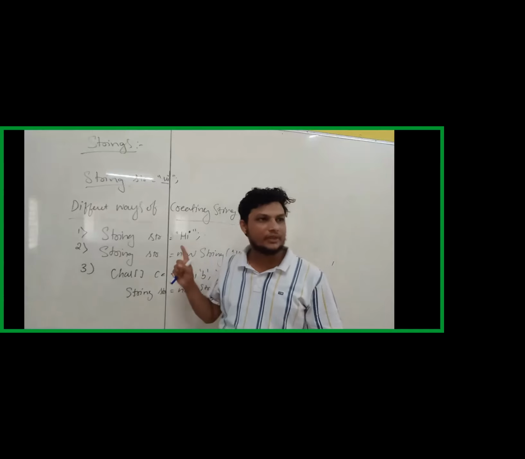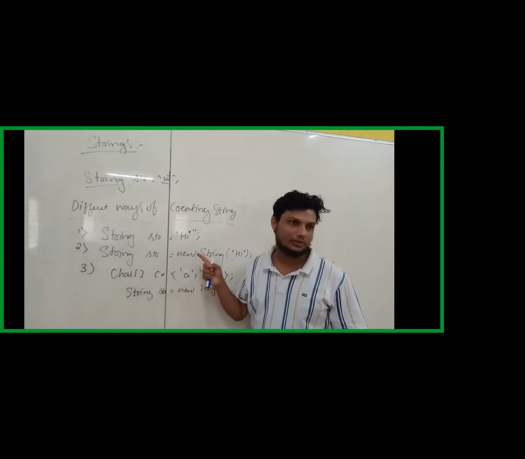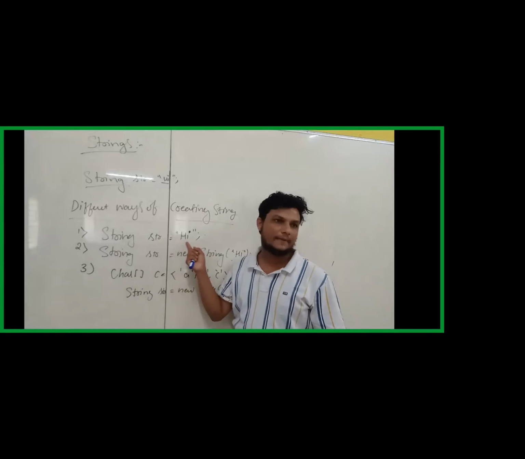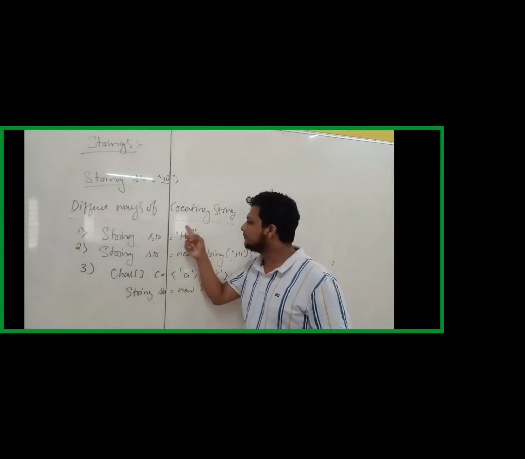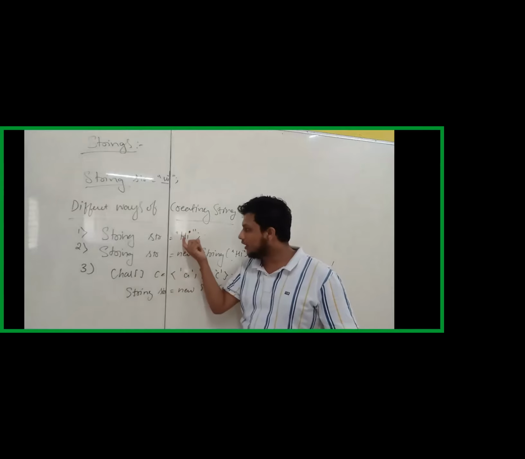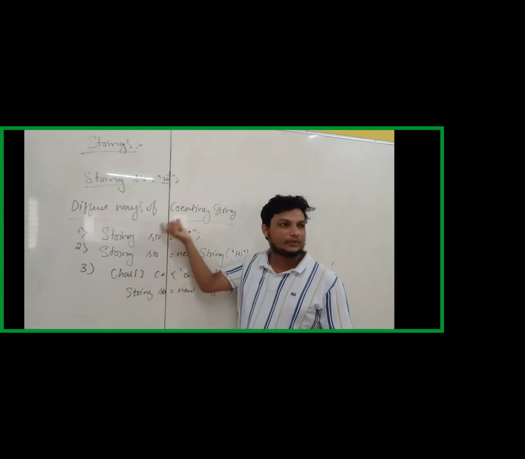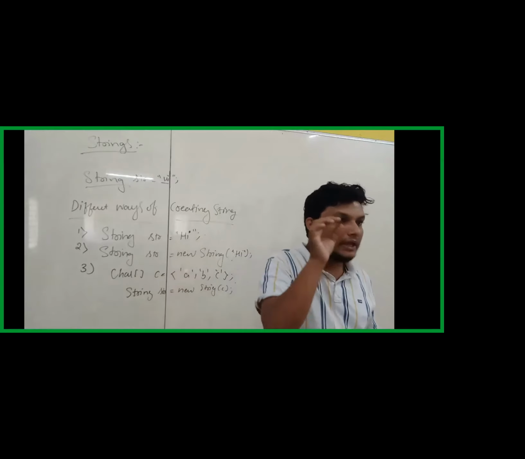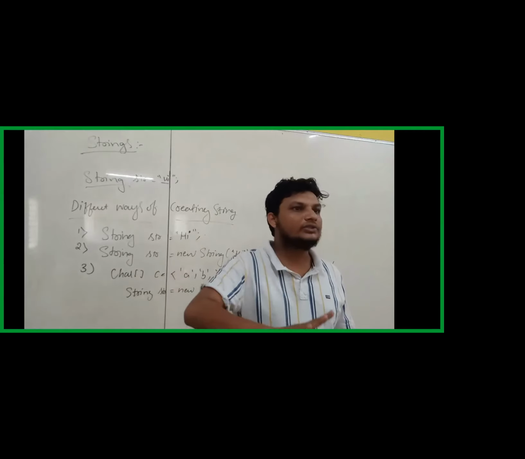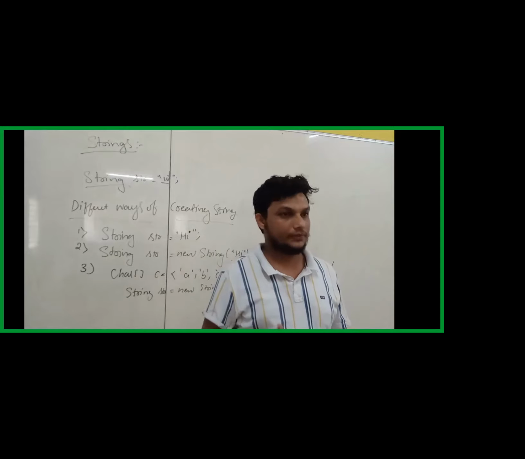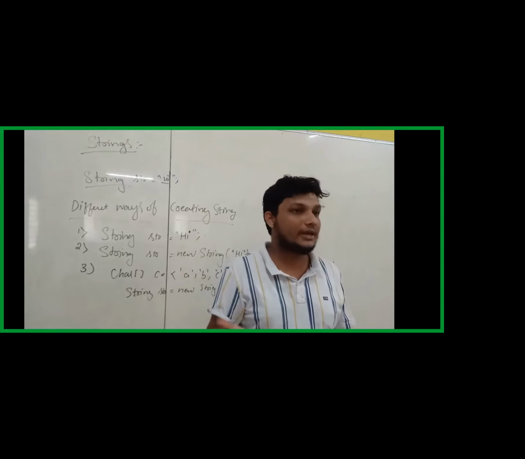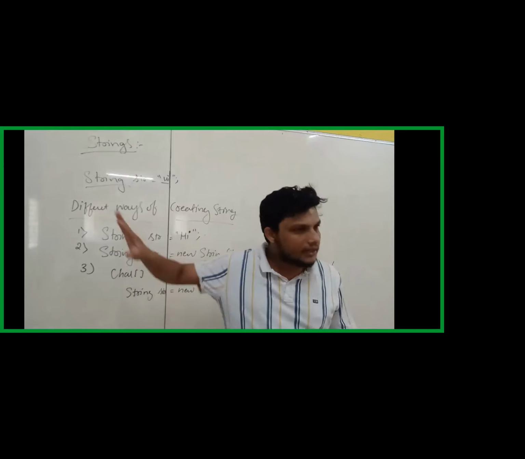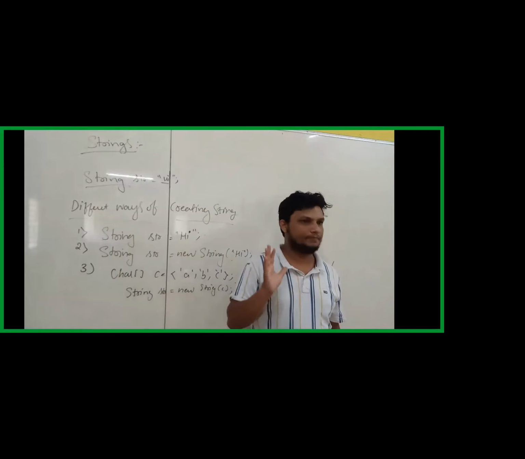The same thing happens in strings. Once I have declared String str is equals to "hi", if I try to make changes now, it will not make the changes in the same object. It will create a new object. So remember, in Java, all strings are immutable. Sir, is there any possible way we can create mutable strings? Yes, there is a possibility. But in Java, strings are immutable.